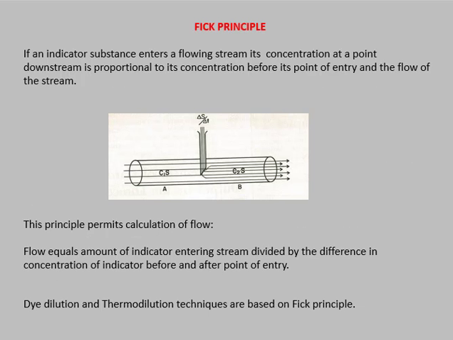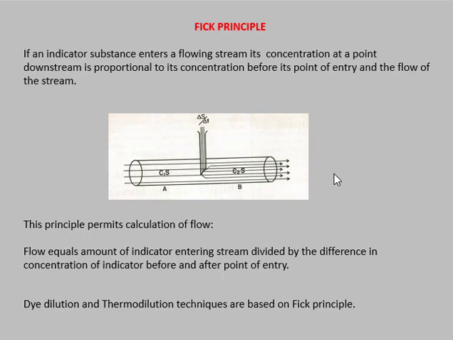The Fick principle. In simple terms, if an indicator substance enters a flowing stream, as shown by this substance entering a flowing tube, its concentration at a point downstream is proportional to its concentration before its point of entry and the flow of the stream.